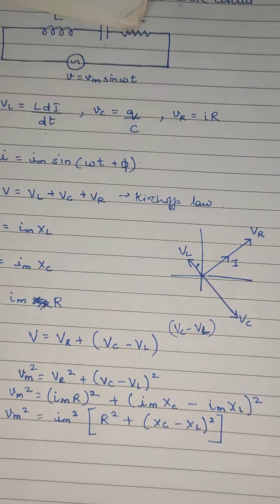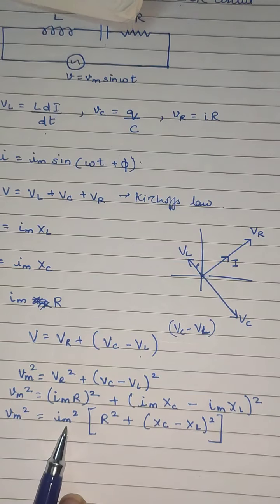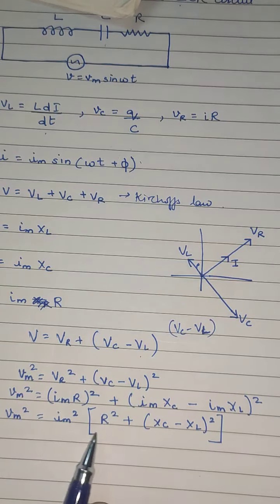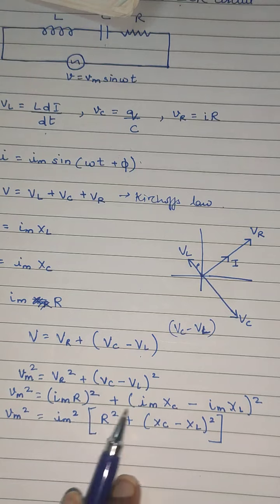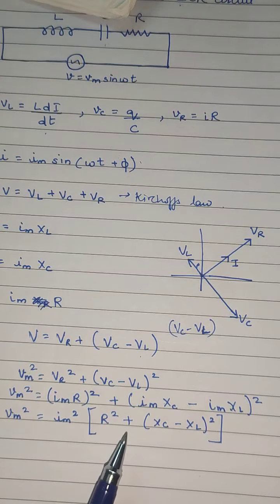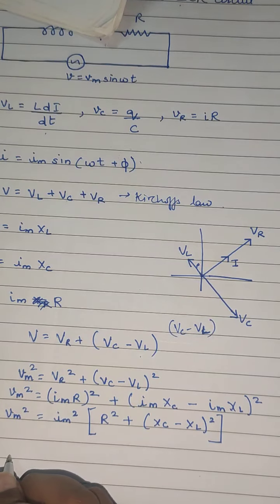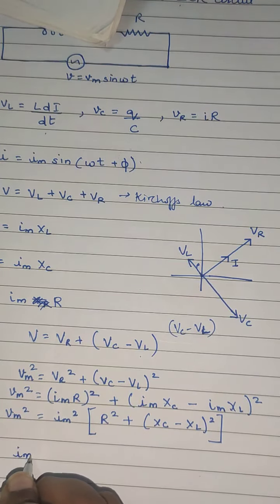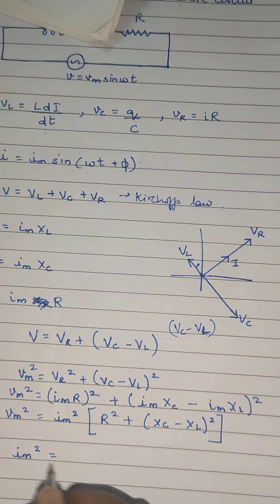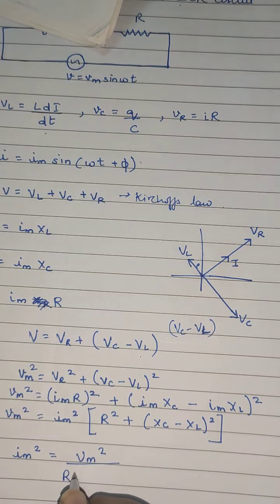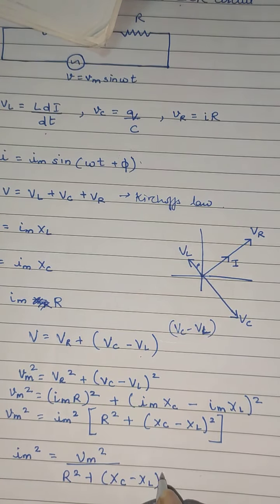After this, I am keeping Im square as it is, and I am going to take this entire term, R square plus XC minus XL the whole square, to the other side. So I will get Im square is equal to Vm square upon R square plus XC minus XL the whole square.